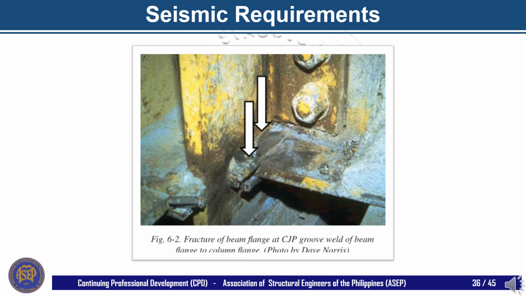The picture shows a fracture on the beam flange at the CJP groove weld of the beam flange to column flange. Note that these fractures are similar to the observed fractures in Japan after the 1995 Kobe earthquake. In the succeeding slides, general welding related issues and factors to be considered for high seismic construction will be discussed.